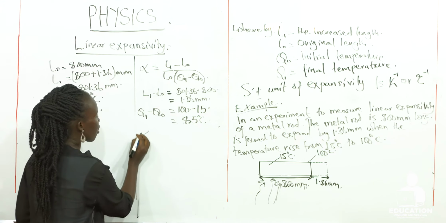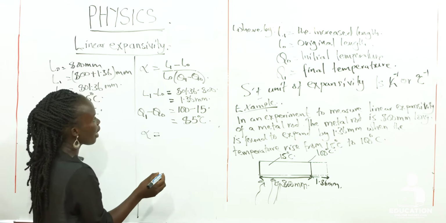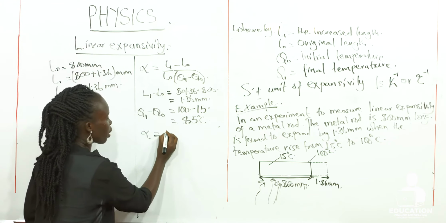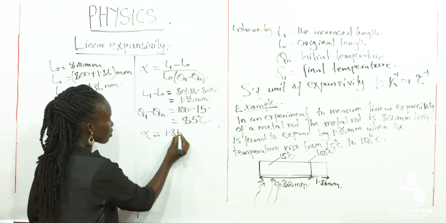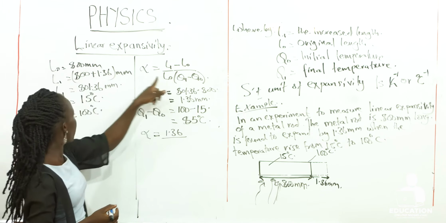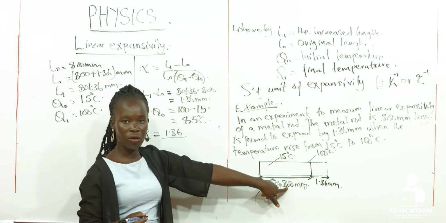So we shall have our expansivity, which will be equal to our L1 minus L0, which is 1.36, divided by our L0, which is given to us as 800. It is the original length.